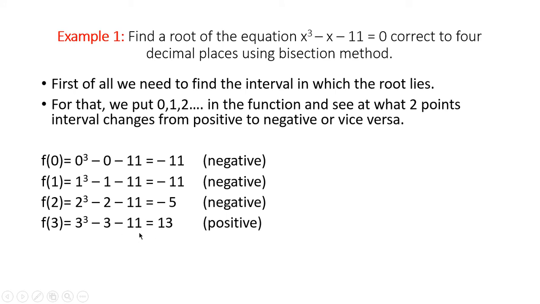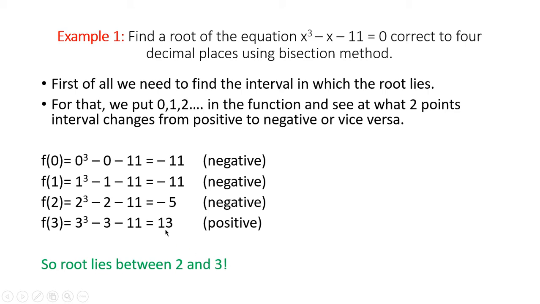We will continue towards 3. Now when we put 3, we get a positive value, so 2 to 3 is our interval because it is changing from negative to positive, and the root will lie between 2 and 3.